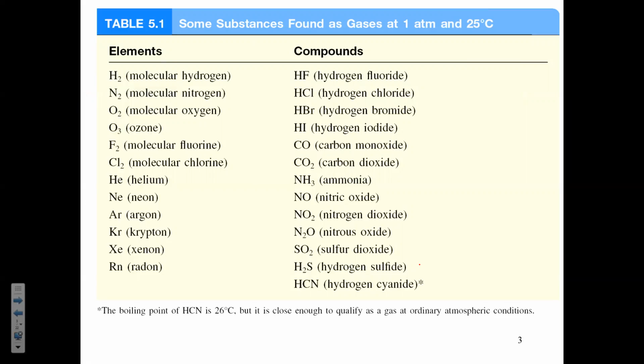So here are some of the common gases that are found at 1 atm and 25 degrees Celsius. And most of these are things that you hopefully are familiar with already.